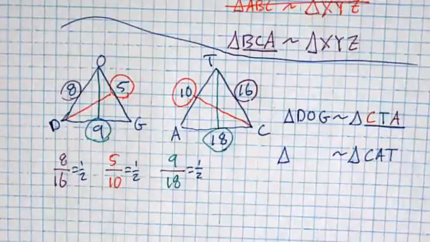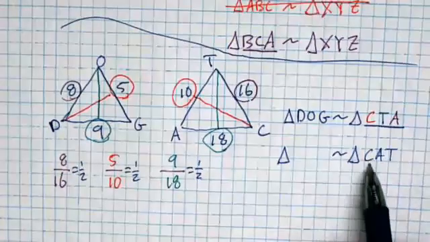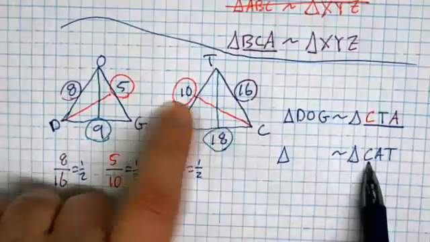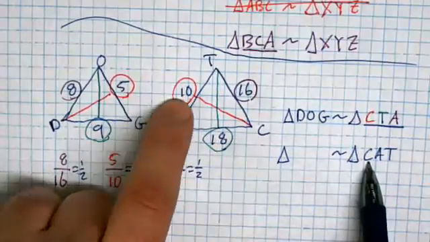Got it? Jack, you got it? So again, I would be looking at C. I will be looking at what's across from C, and across from C is the smallest side.